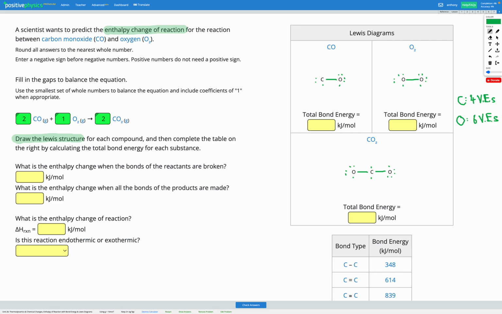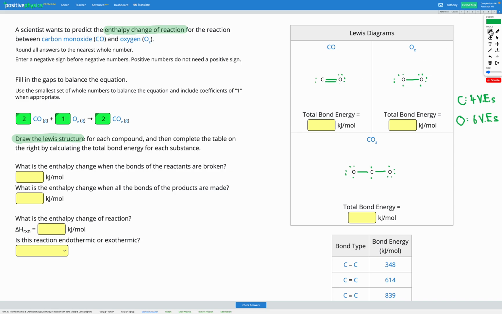Okay, so now we've got all our electrons on our diagram. If we have any single electrons on their own, those can be made into bonds. So this single electron and this single electron together are going to be made into a bond here.